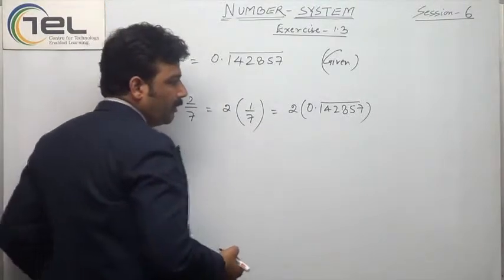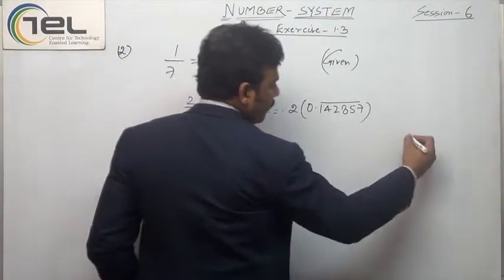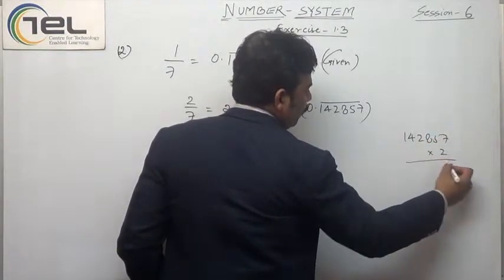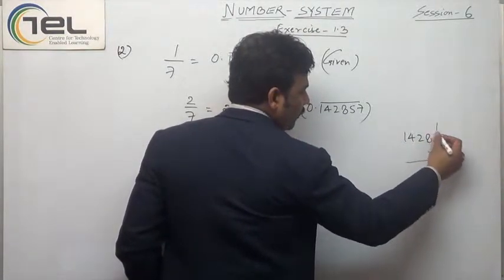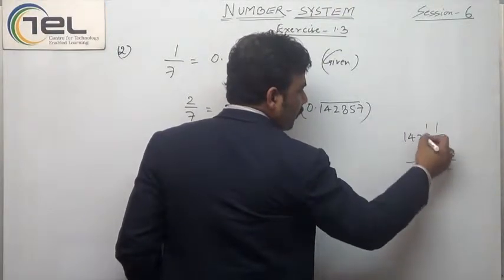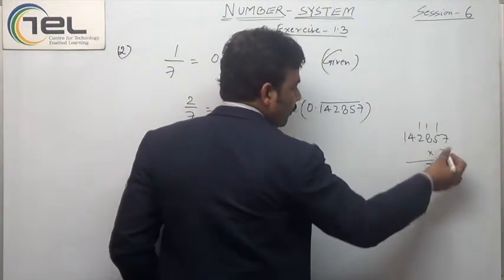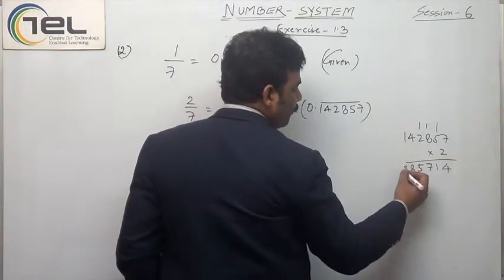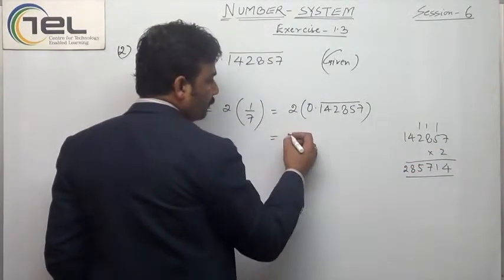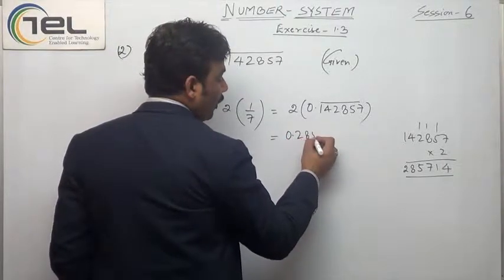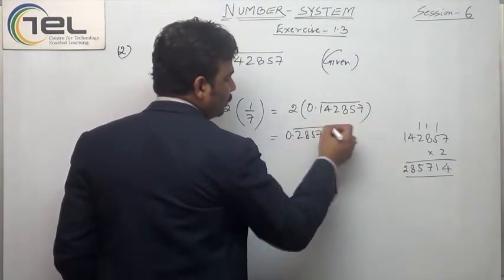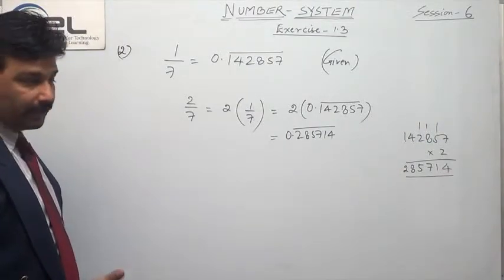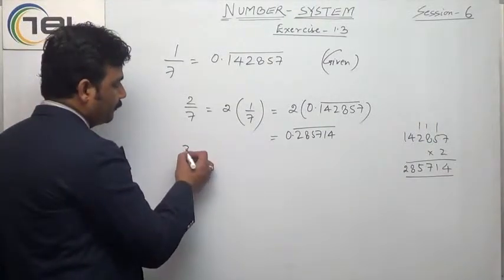Just multiply 142857 by 2. 7 times 2 is 14, 4 carry 1; 5 times 2 is 10, plus 1, 1 carry 1; 8 times 2 is 16, plus 1, 7 carry 1; 2 times 2 is 4, plus 1, 5; 4 times 2 is 8; and 1 times 2 is 2. So it will be 0.285714 bar. If I had to multiply it by 3, what will it be?